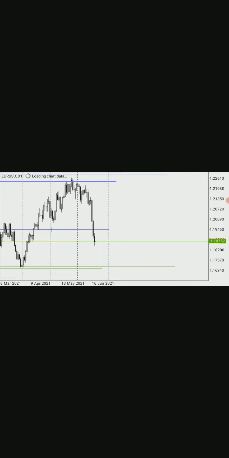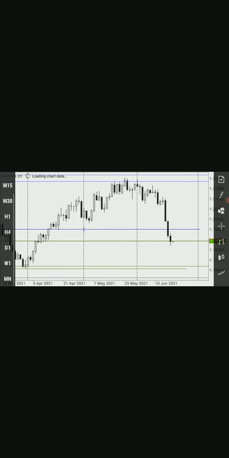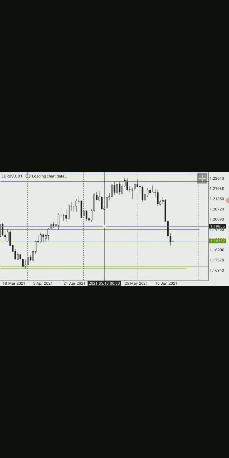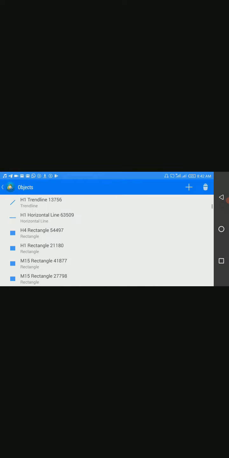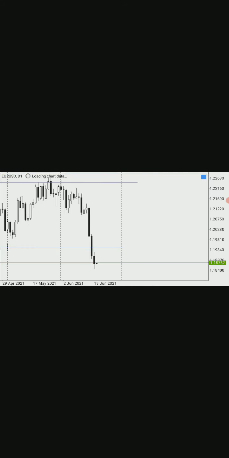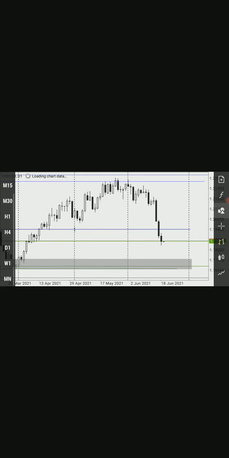All right, so with the euros, we are still looking for this particular point, just like the inverse of the dollar. We're looking for this particular point from the weekly, and then this particular point.